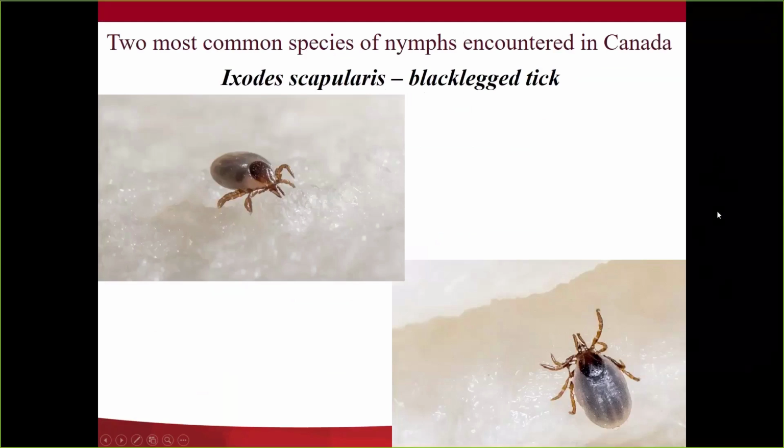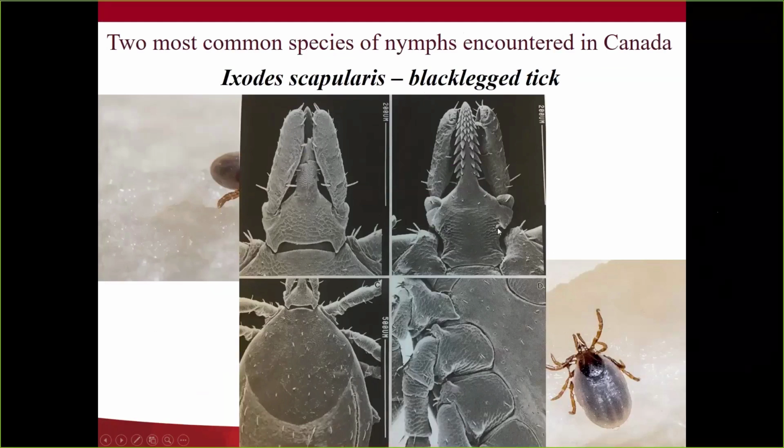The two species I want to show you today are just the ones you might encounter in Canada, and this is the most common nymph that would attack anyone in Canada. This is a beautiful image I got from a submitter, and again, it's that scutum of the tick that's very distinct, very similar to the adult, and on the underside, these auriculae are very distinct. They point straight back, and that's different from Ixodes mirus.